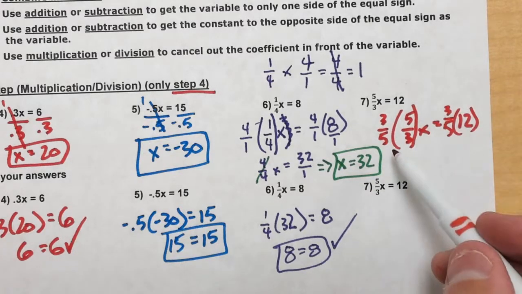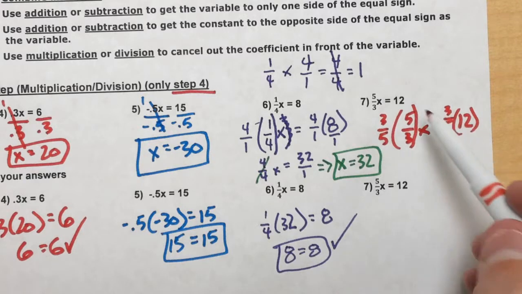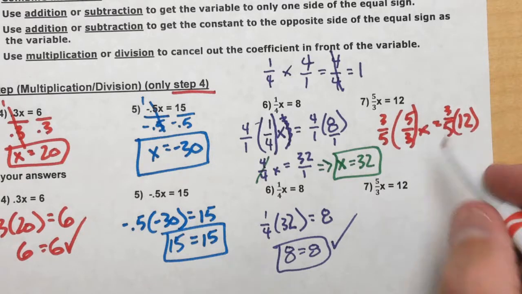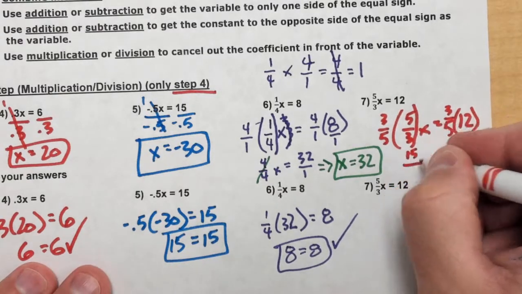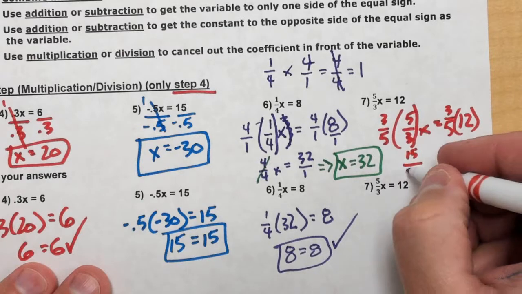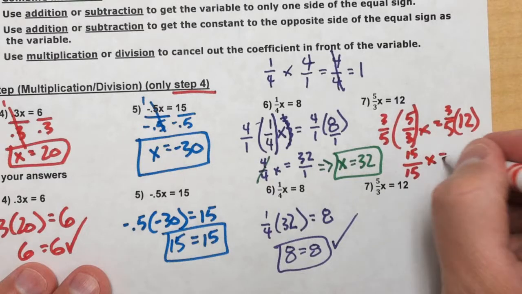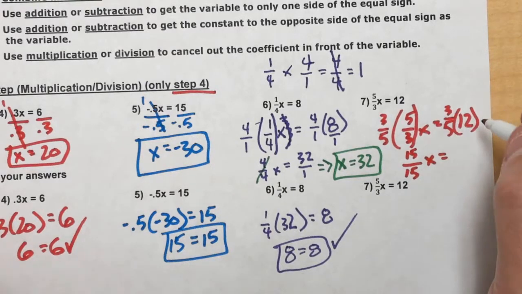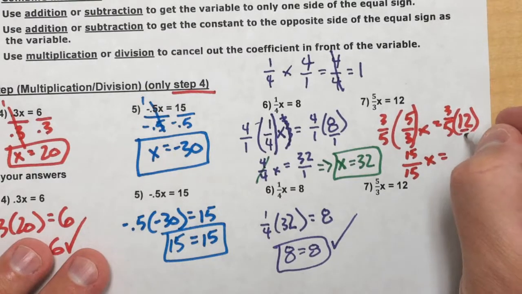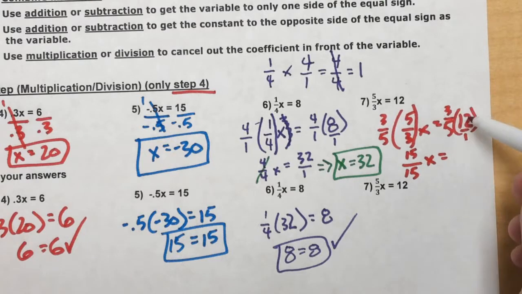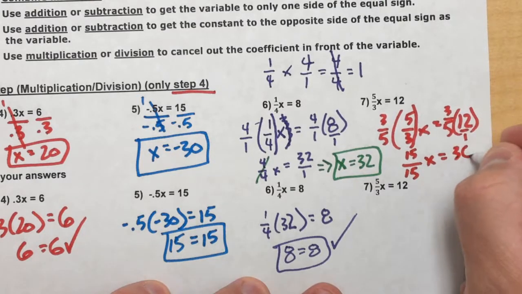And again, what you do to one side of the equation, you have to do to the other. And if you multiply 3 by 5, you get 15. And then 5 times 3 is also 15. So the fractions have combined, and we have the x. And then 3 over 5 times 12, well, that's really 12 over 1. So 3 times 12 is 36.